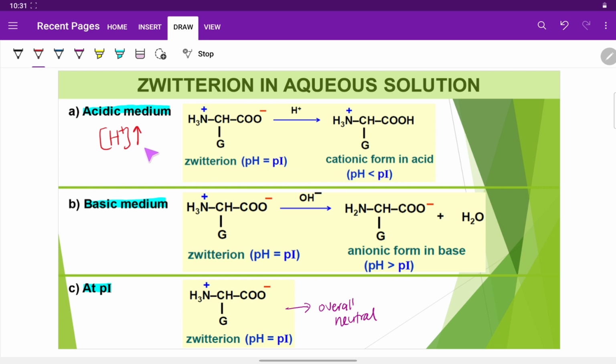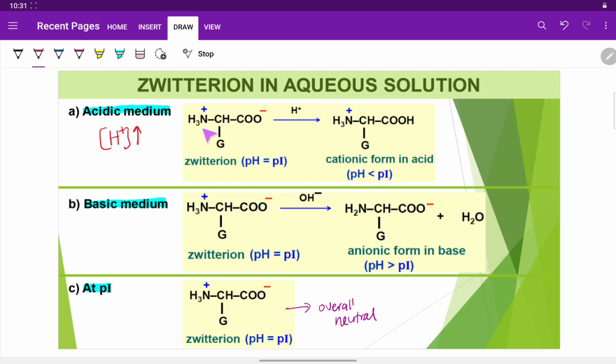Tapi bila dia berada pada acidic medium, maksudnya nilai pH dia kurang daripada PI. Dekat sini, kalau neutral, usually untuk garam, kita akan kata neutral adalah pH sama dengan 7. Tetapi untuk awak punya amino acid, dia bergantung kepada zwitter ion punya isoelectric point.